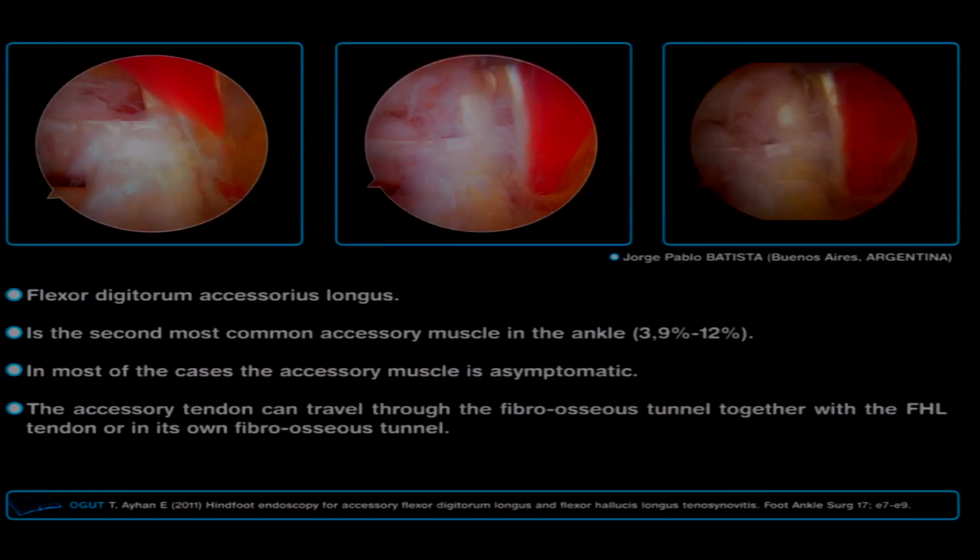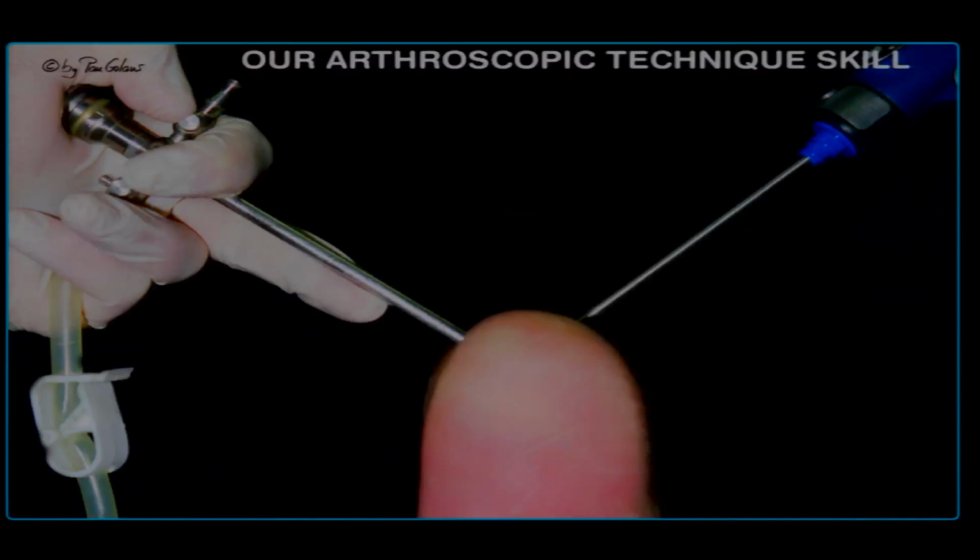I am not sure, it's very difficult. The literature is not clear, but this muscle is the second most common accessory muscle in the ankle, and normally it's asymptomatic. But if you see this and you don't recognize it, maybe you will have some kind of disorientation. And remember this is a flexor; medial to this flexor exists the neurovascular bundle, and this is very important to remember.